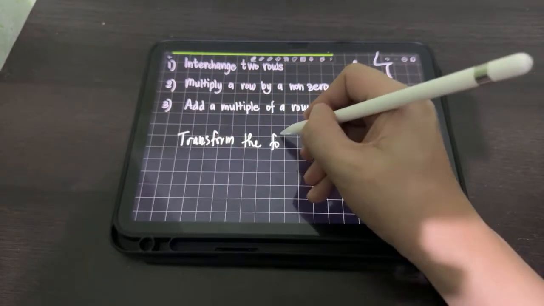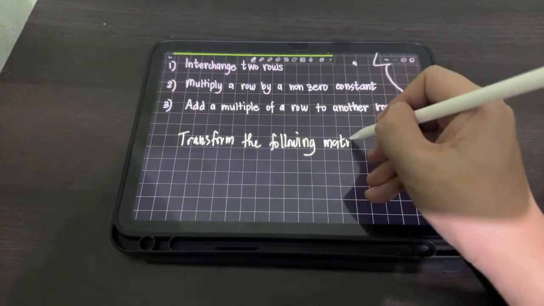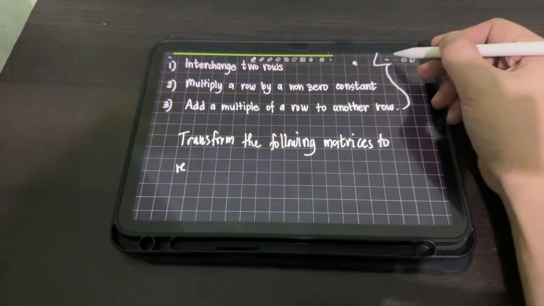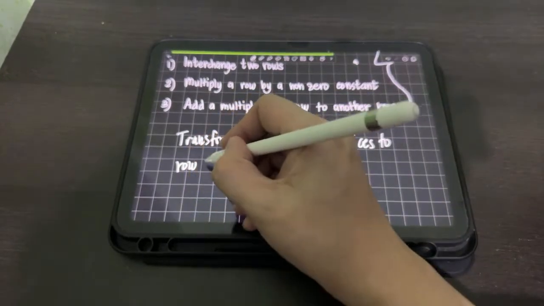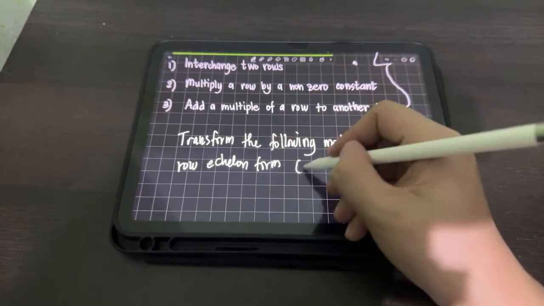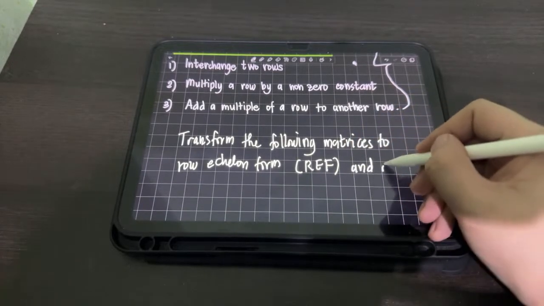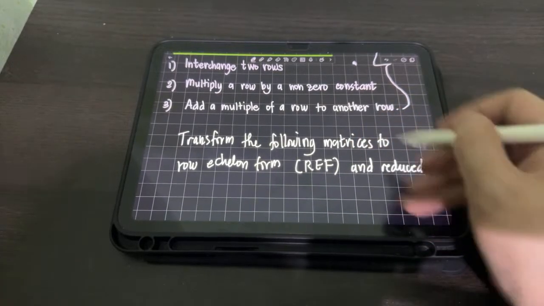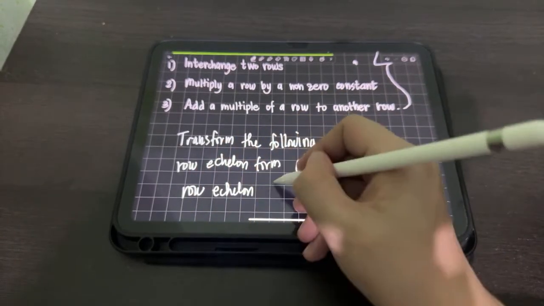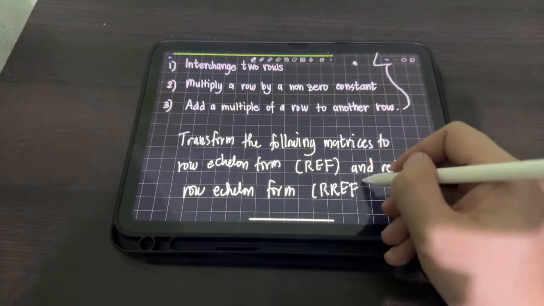Transform the following matrices to row echelon form, or REF for short, and reduced row echelon form, or RREF for short.